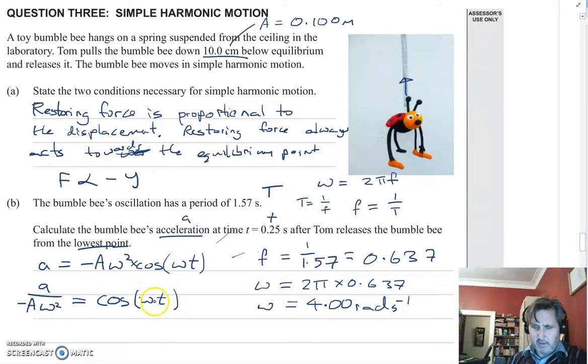And the only way to move a cosine to the other side is to give it the inverse of a cosine.